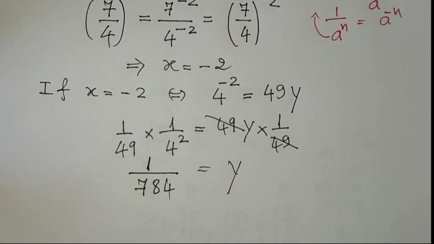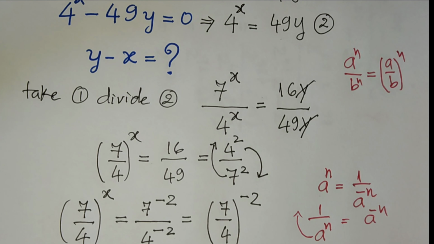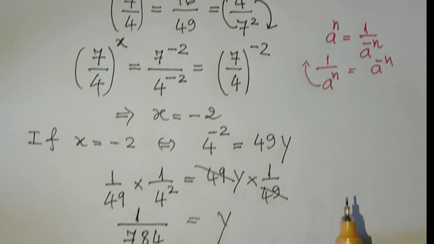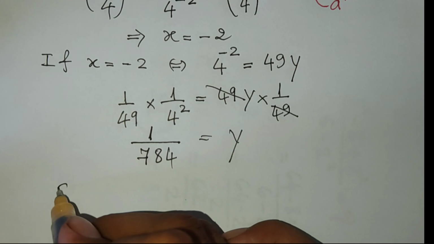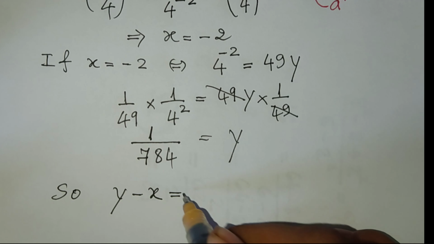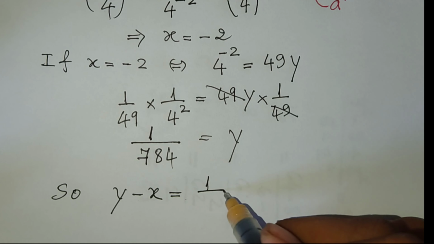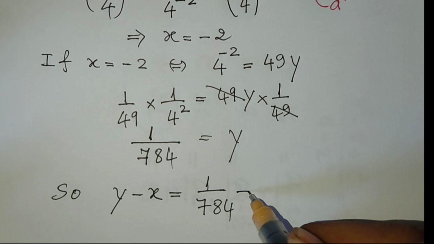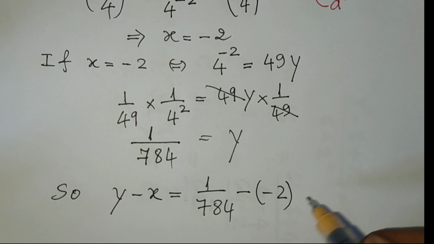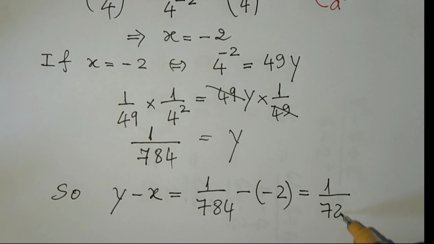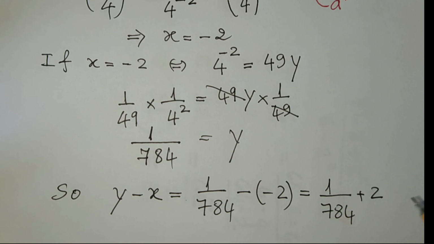And now we get y. So we want to find the value of y minus x. So we replace it. So y minus x equals 1 divided by 784 minus negative 2, and it equals 1 divided by 784 plus 2.